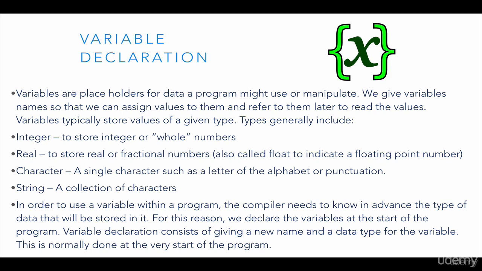So in Java, in order to actually create a variable, first we need to give our variable a data type. For example, an integer, a float, character, a string, double, okay? A data type, first a data type.